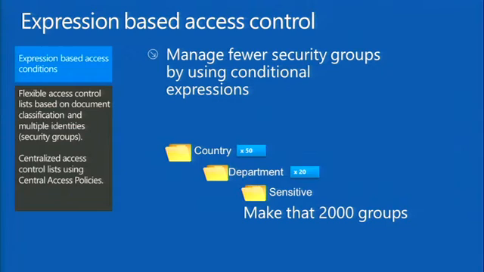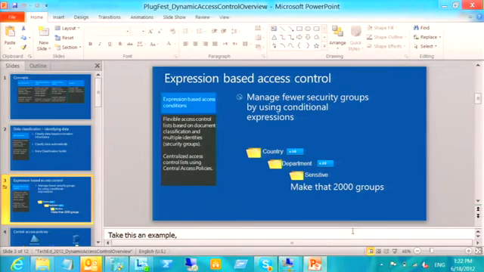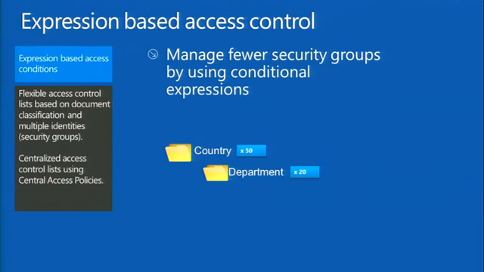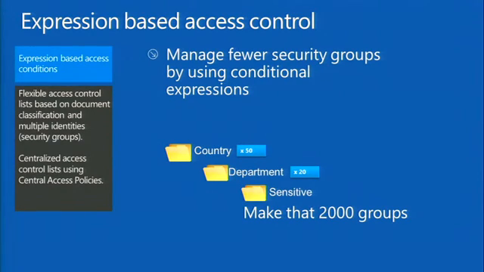How do we solve it? The first way to solve this is, the reason this is a problem today is that the conditions in the access control list are ORed.